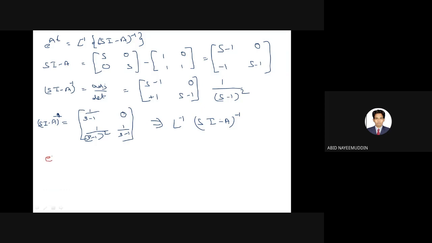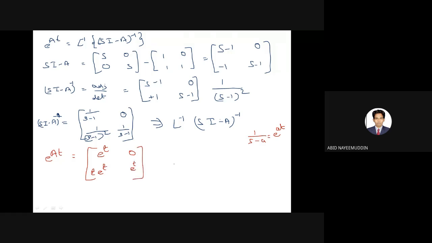All of you are aware that the formula for 1 by s minus a is e power at, so the same thing I am applying here. Hence it will become e power t, 0, and for this one t into e power t, and for this one e power t.